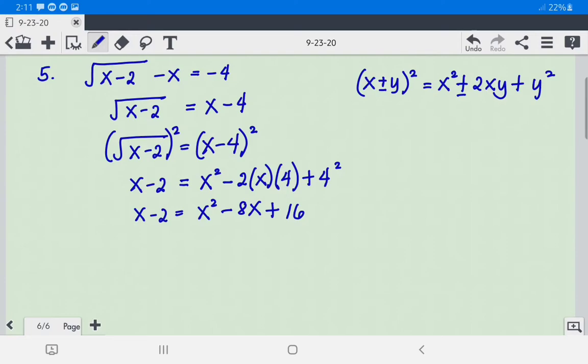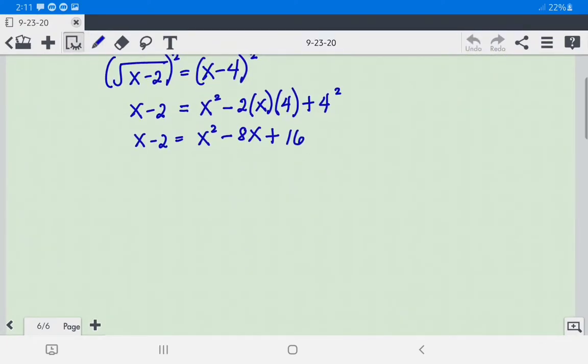Then after that, we're going to combine similar terms. So we have x squared minus 8x plus 16. Let us just transpose this to the right side. So we have negative x plus 2. As you can see, you change the sign from positive x, make it negative, from negative 2, make it positive 2, equals 0.